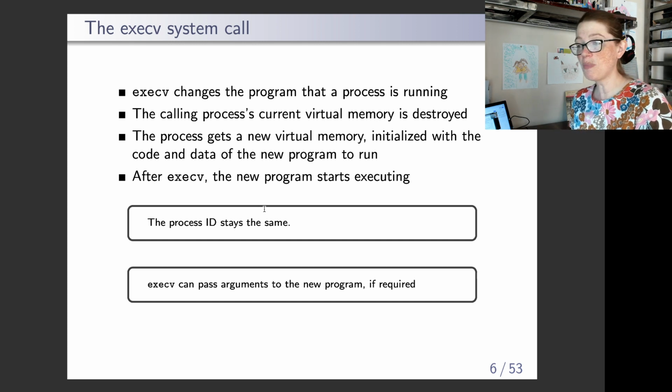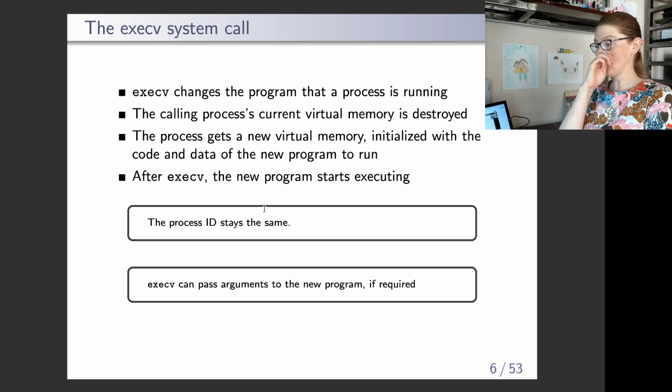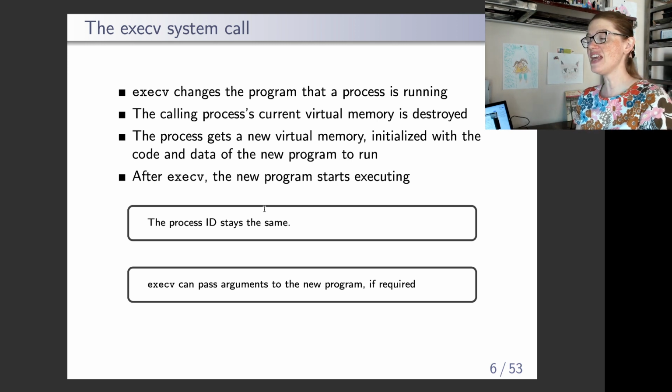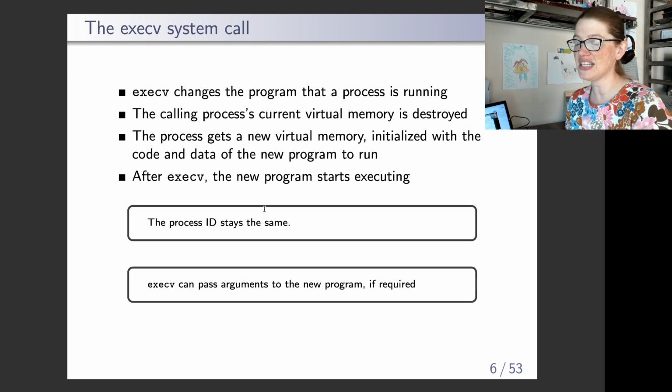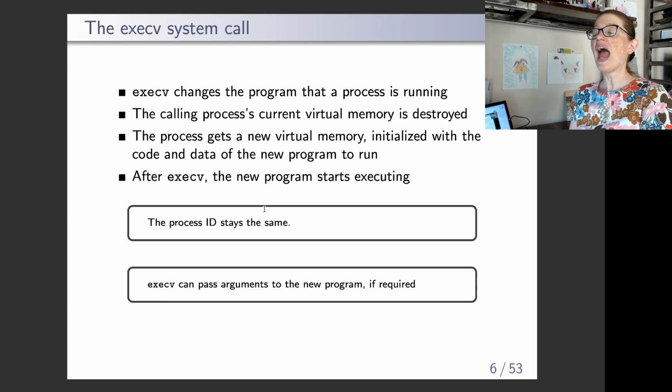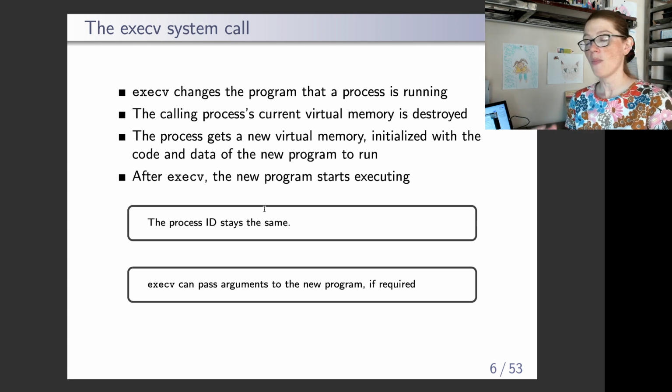But my address space, which is the program, and the thread array is going to change. So we can call execv to change the program that an existing process is running. And of course, since we're going to change the program the process is running, we're going to need to pass some information to execv, such as what program do you want it to run? And what are the command line arguments for that program?